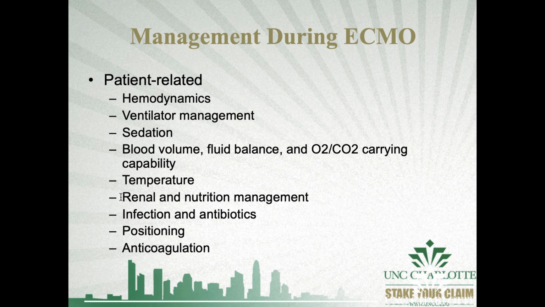But we're looking often at our APTTs, ACTs, PTs, but a lot of times institutions look at ACTs, which I think is a very unreliable measurement mechanism for therapeutic anticoagulation.